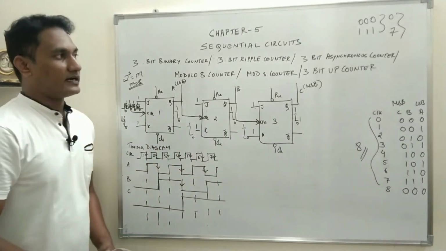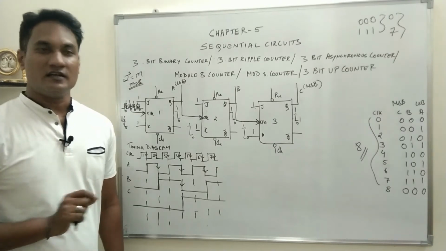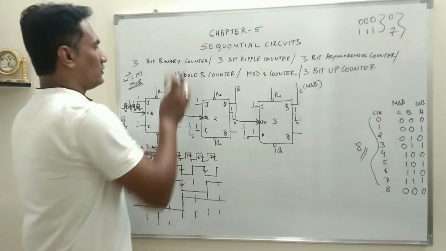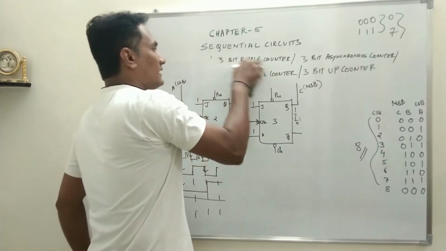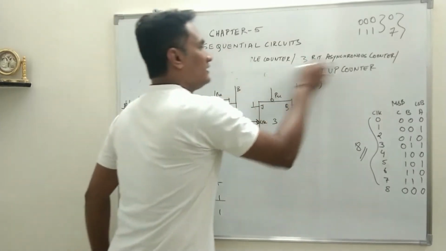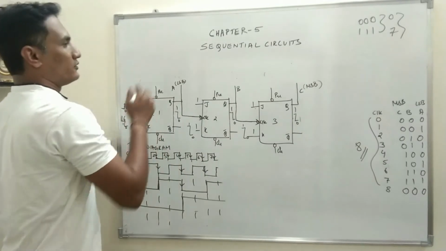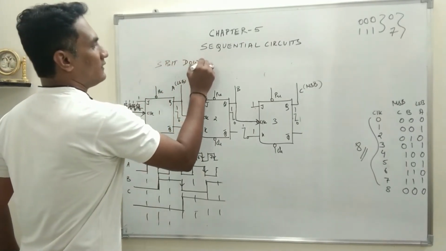Now we will try to understand the 3-bit down counter. We have to make a small modification in the circuit to make it a 3-bit down counter. So I'll rub off all these headlines and instead write 3-bit down counter.